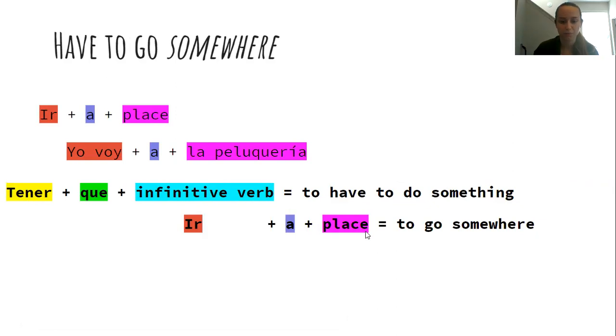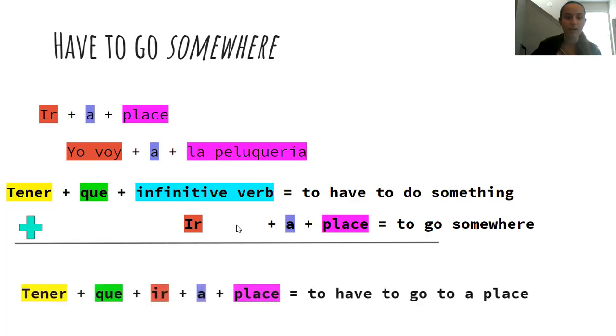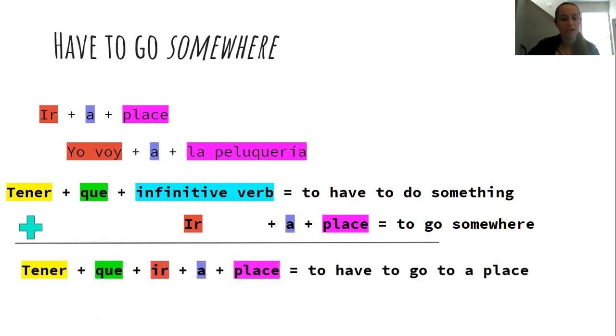Ir a place, to go somewhere. Remembering that ir is an infinitive verb, it just goes right in that slot. We end up with this, tener que ir a, and then the place, to have to go to a place.